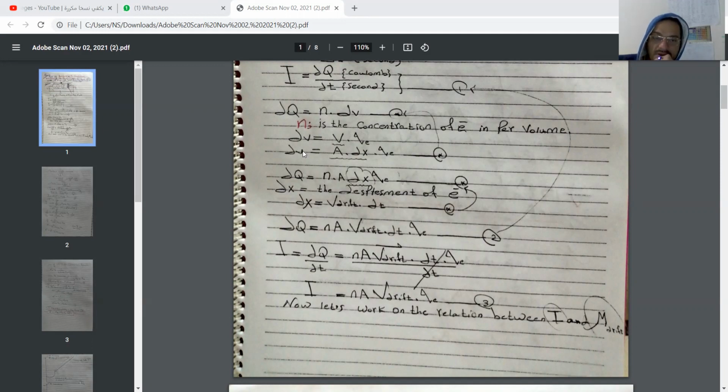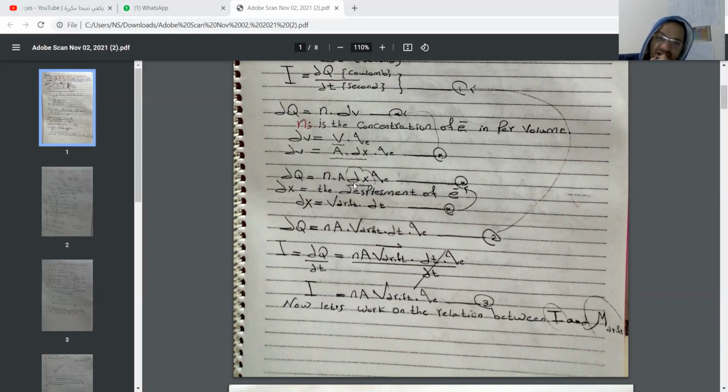So dV equals A dot dx. The electron charge, like we know, is 1.6 times 10 to the minus 19 coulomb. That means the derivative of the charge equals n A dx times the charge of the electron.